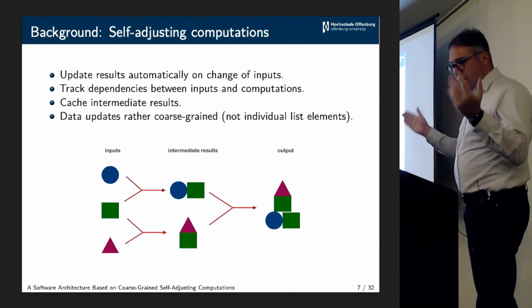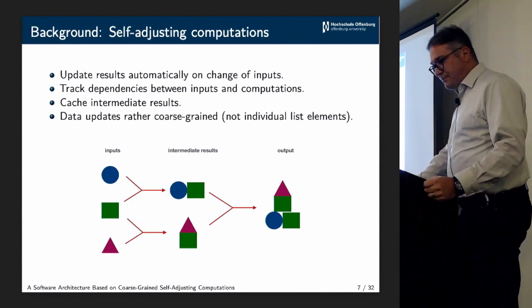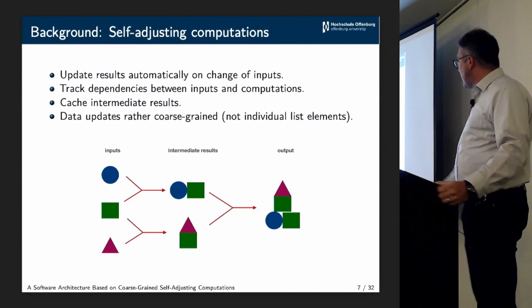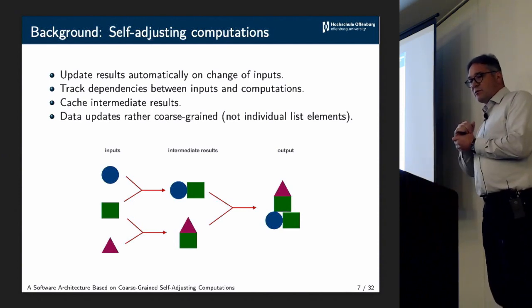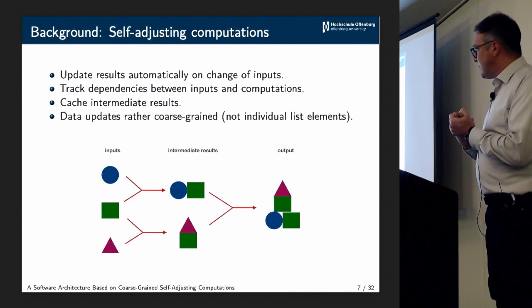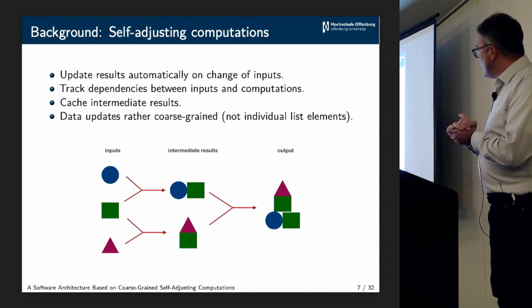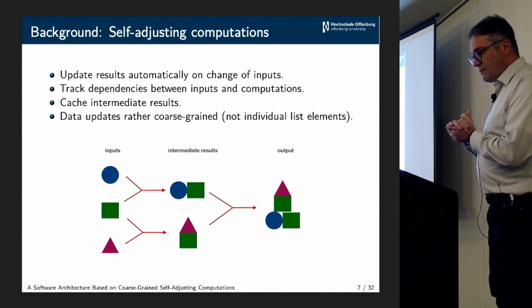It's pretty simple. The change of inputs should update the results automatically. There needs to be some kind of dependency tracking in place, and you must cache intermediate results.